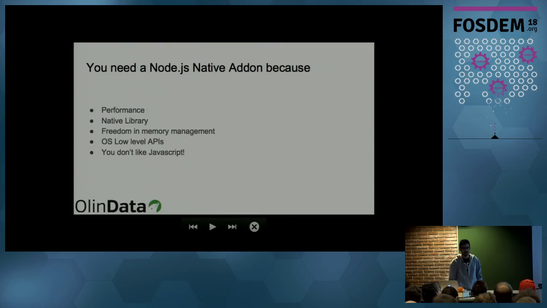For example, Ruby, Python, and then you write bindings for that library of yours. Or you want more freedom in memory management. Or you might even want to use some low-level APIs in your application, and well, in Node.js you just can't without the proper binding. Or you don't even like JavaScript, but that's not a good reason.